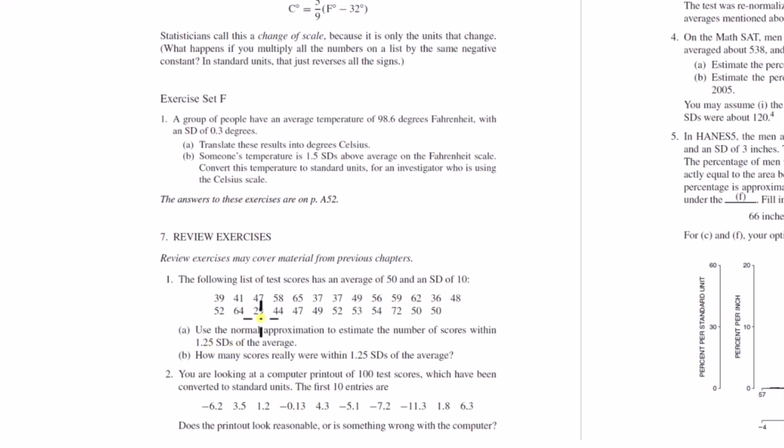If we're assuming that this data follows the normal curve, then to estimate the number of scores that are within 1.25 standard deviations of the average, this 1.25 is already in standard units. So within 1.25 standard deviations, we just need to calculate what's the area under the normal curve from minus 1.25 to 1.25. How do we calculate that area?